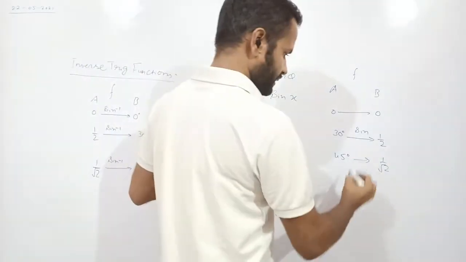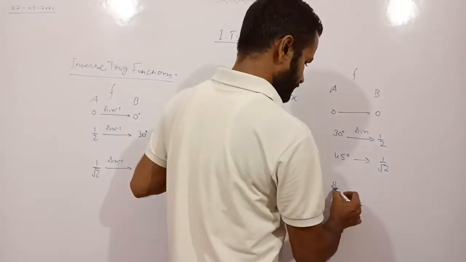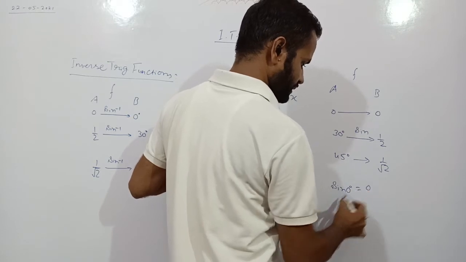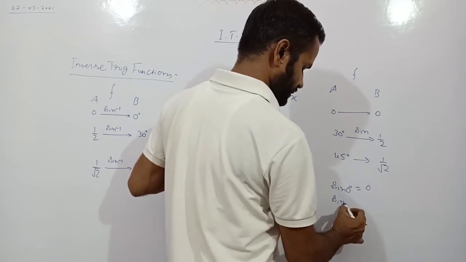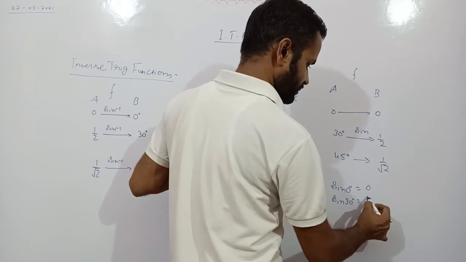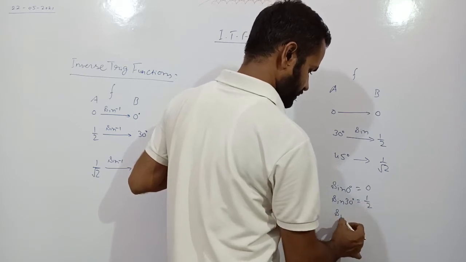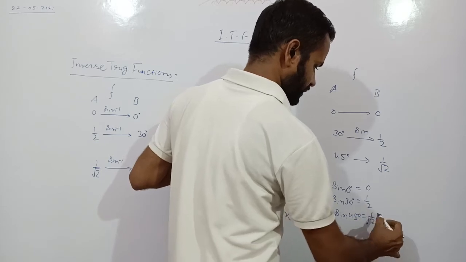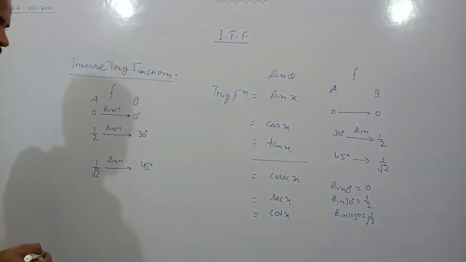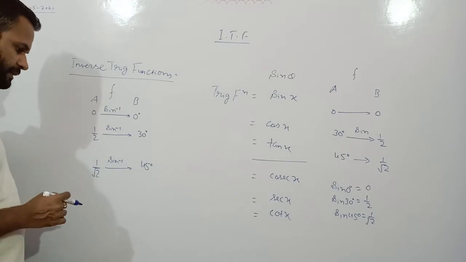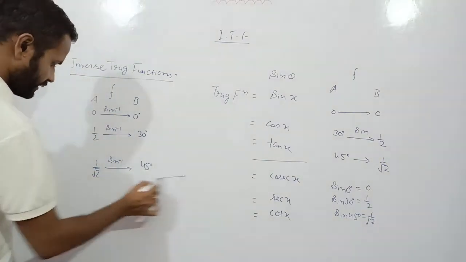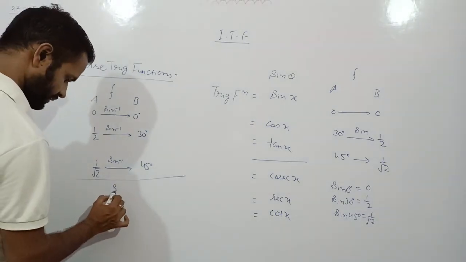Actually, trigonometric functions in this way: sine 0 equals to 0, sine 30 degree equals to 1 upon 2, sine 45 degree equals to 1 upon root 2. That is clear example.